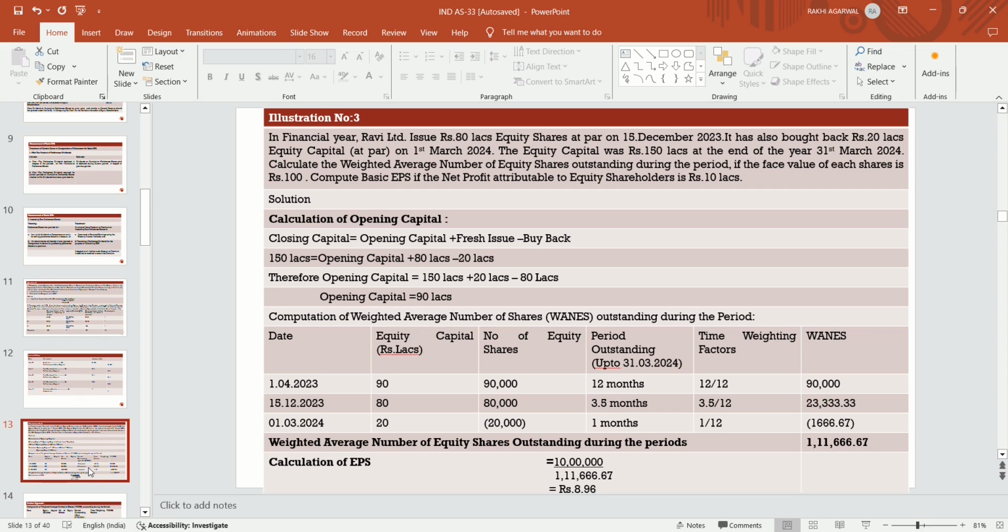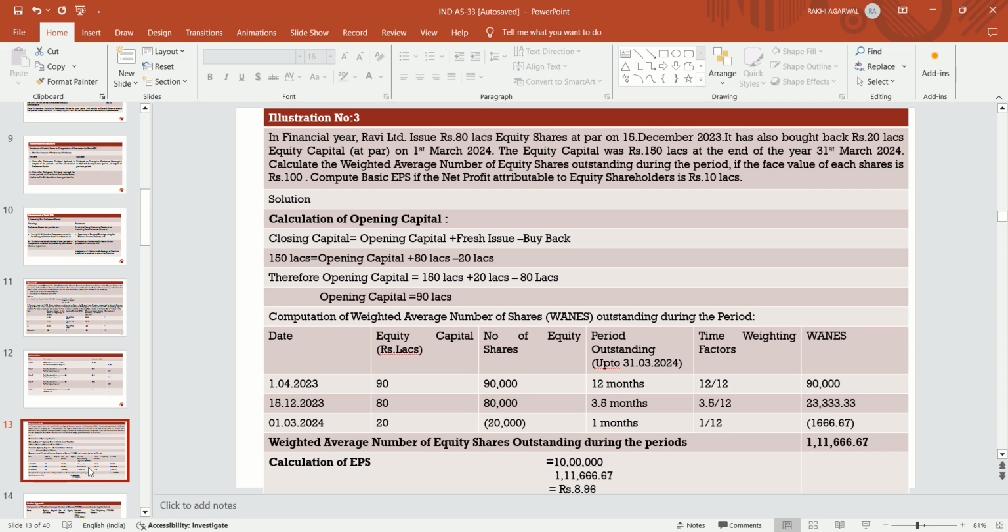They bought back shares of 20 lakhs, that is 20,000 shares, because the amount of shares they bought back is rupees 20 lakhs, and the face value of each share is 100. So it becomes 20,000 shares bought back. And the closing value is also given, that is 150 lakhs at the end of the year.